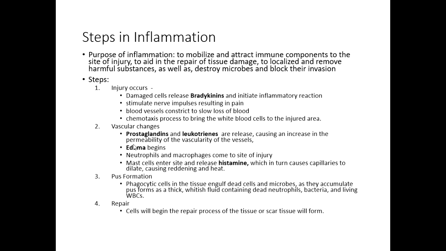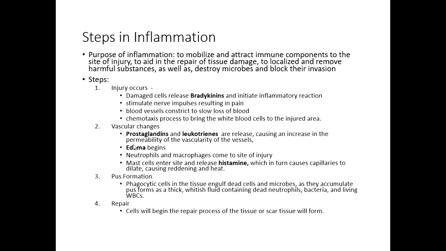The other thing that's going to happen is when the bradykinins are released, we don't want blood, especially if it's a wound to the skin or to the outer, so that the blood could actually leave the body or leave the area. So the first thing that's going to happen is those blood vessels are going to constrict, and we're going to try to slow blood flow. First, we don't want other things coming in that might be pathogens, and we don't want the pathogens moving out. So we're going to restrict initially the blood flow area.